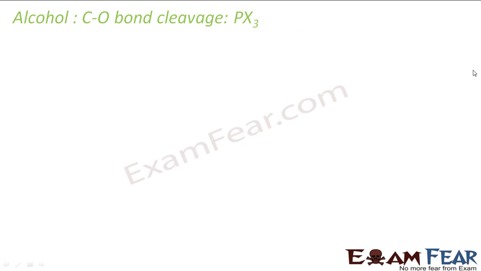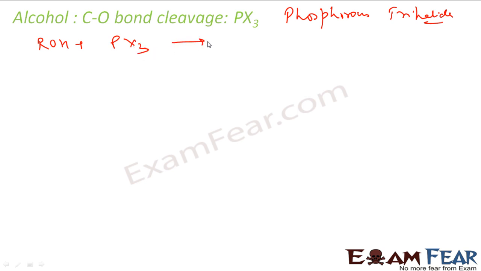So let's see the alcohol reaction with PX3, that is phosphorus trihalide. Here we have this alcohol, we react with PX3, you get RX and H3PO3. For bromoalkane and chloroalkane, we react with either PCl3, PCl5 or PBr3.